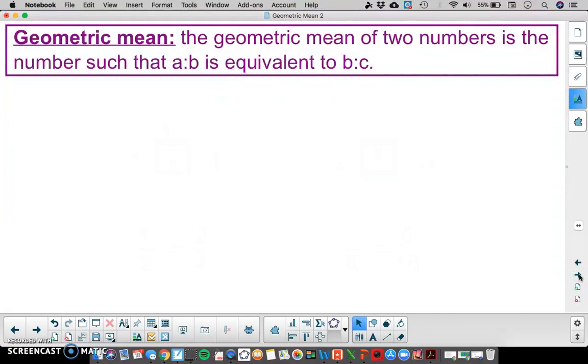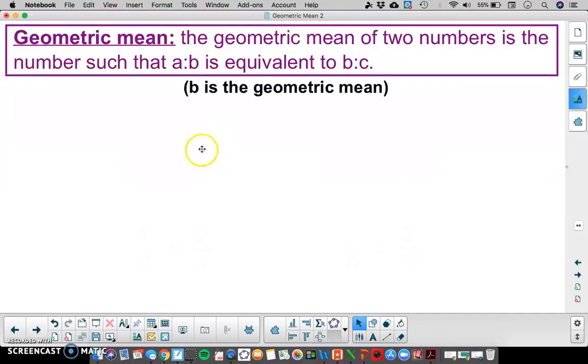So the geometric mean is the number such that A to B is equivalent to B to C. So that number B is the geometric mean. In other words, we're trying to find the average ratio of a set of numbers.